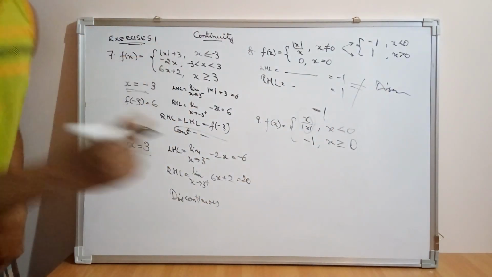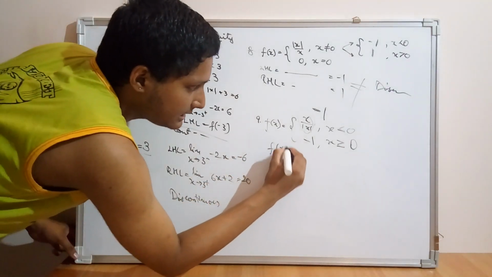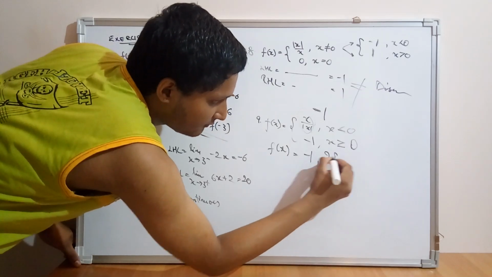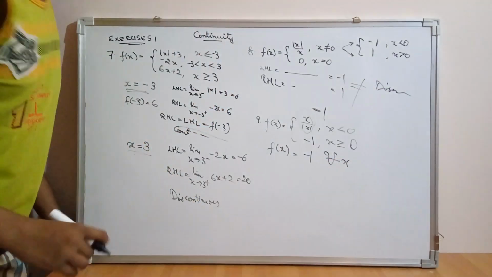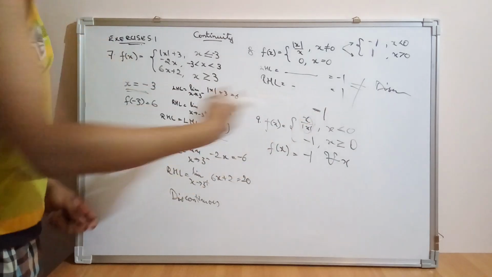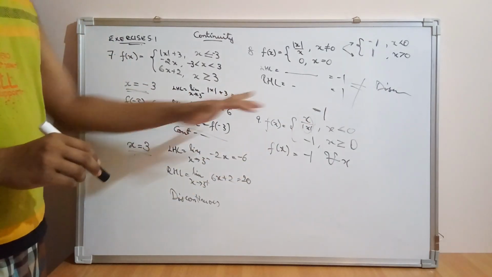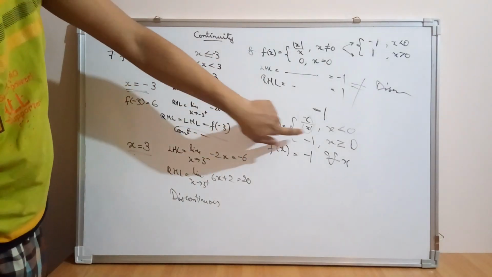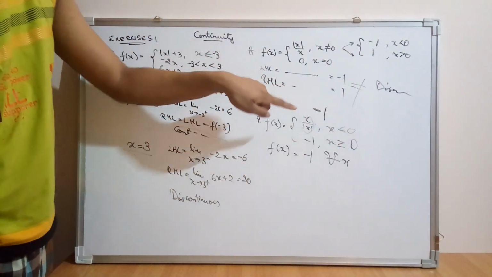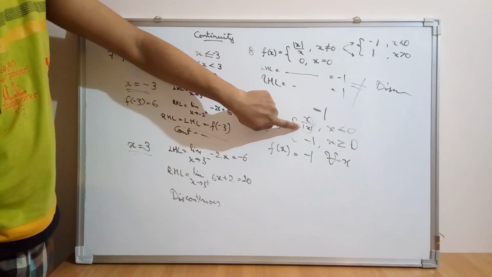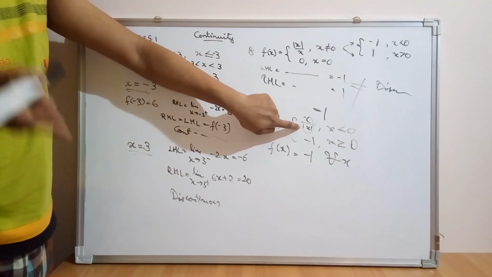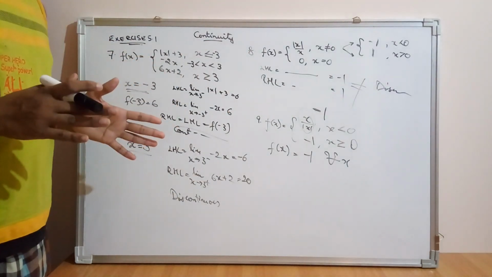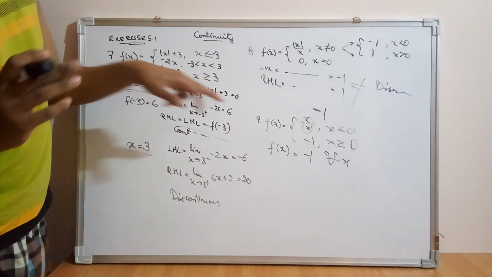So f of x is equal to minus 1 for every x. Nothing to do here. When x is less than 0, I just evaluate the modulus value of x. When it is negative, the modulus value of x is going to be minus x, based on the condition.